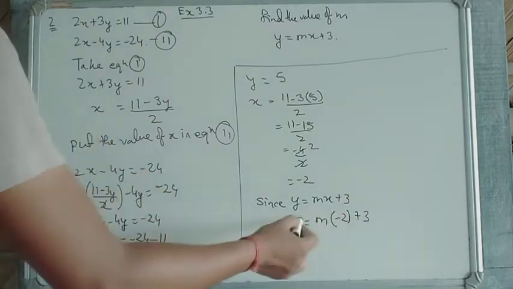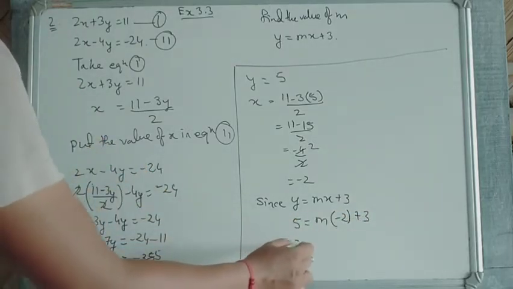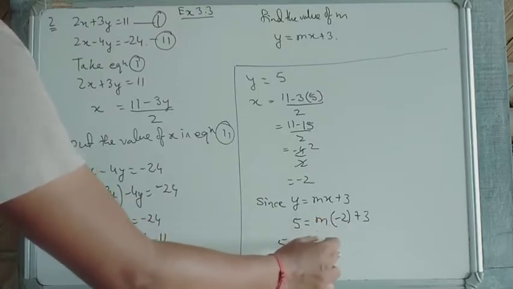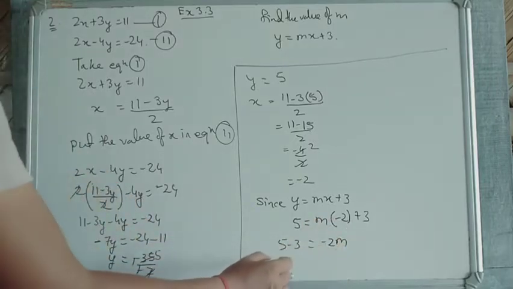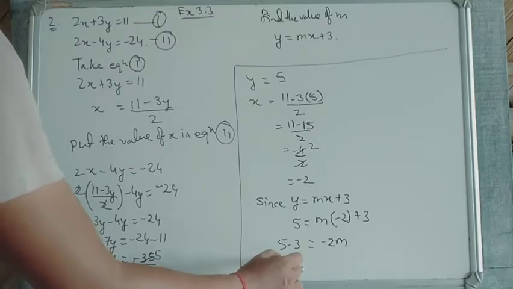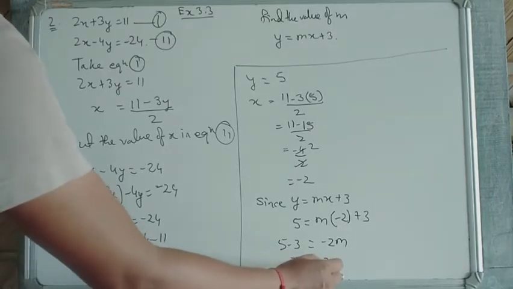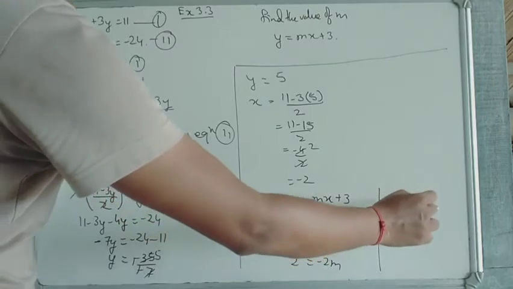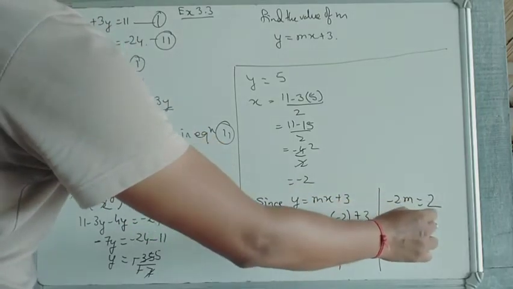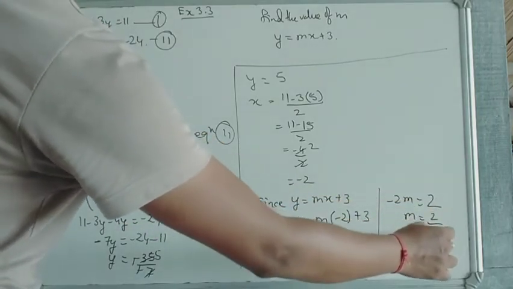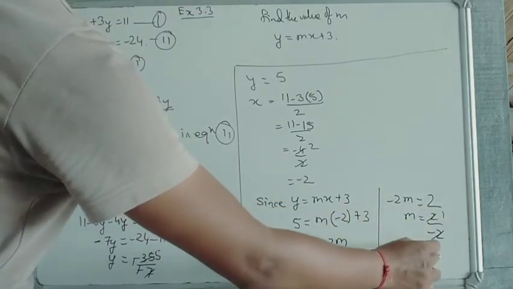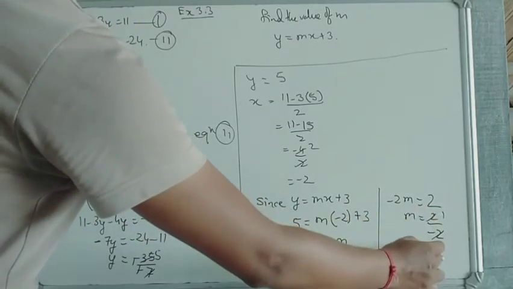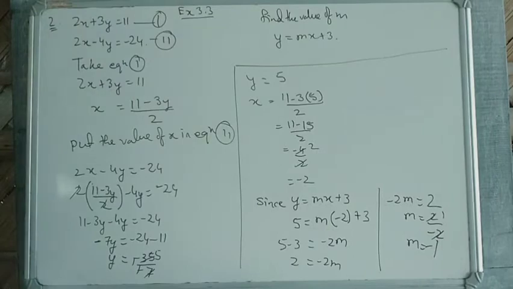Now 3 will come this side. 5 minus 3 is equal to minus 2m, or 2 is equal to minus 2m, or I can say minus 2m is equal to 2, m is equal to 2 by minus 2, which gives me m is equal to minus 1. So m is equal to minus 1 is your answer.